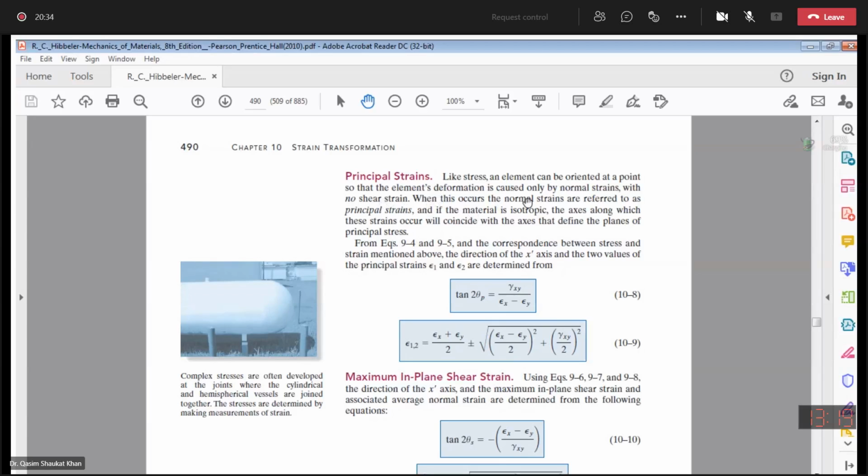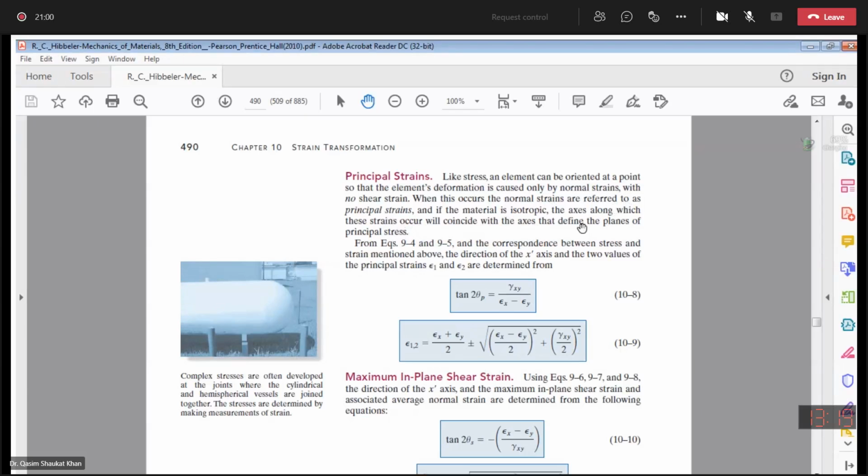When this occurs, the normal strains are referred to as the principal strains. And if the material is isotropic, meaning the material has the same property in different directions, the axis along which these strains occur will coincide with the axis that defines the planes of principal stresses.